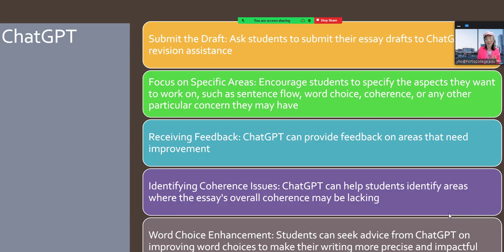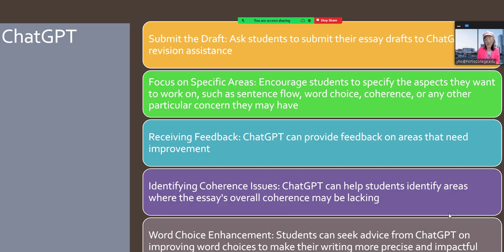Receiving feedback. ChatGPT can provide feedback on areas that need improvement. Identifying coherence issues. ChatGPT can help students identify areas where the essay's overall coherence may be lacking. Word choice enhancement.